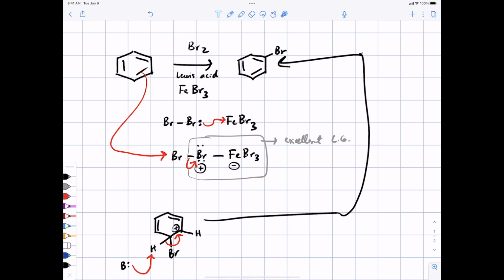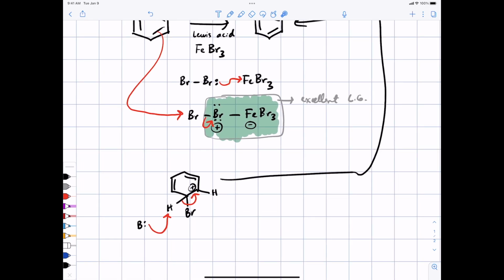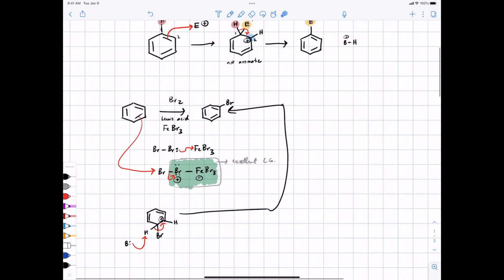We get a new molecule that's especially electrophilic, and essentially all of this is just a really good leaving group, which benzene can attack to make a new carbon-bromine bond, and then we've got aromaticity gone, which we restore from that elimination step. So that's aryl halogenation, and you can do this with both bromine and chlorine.